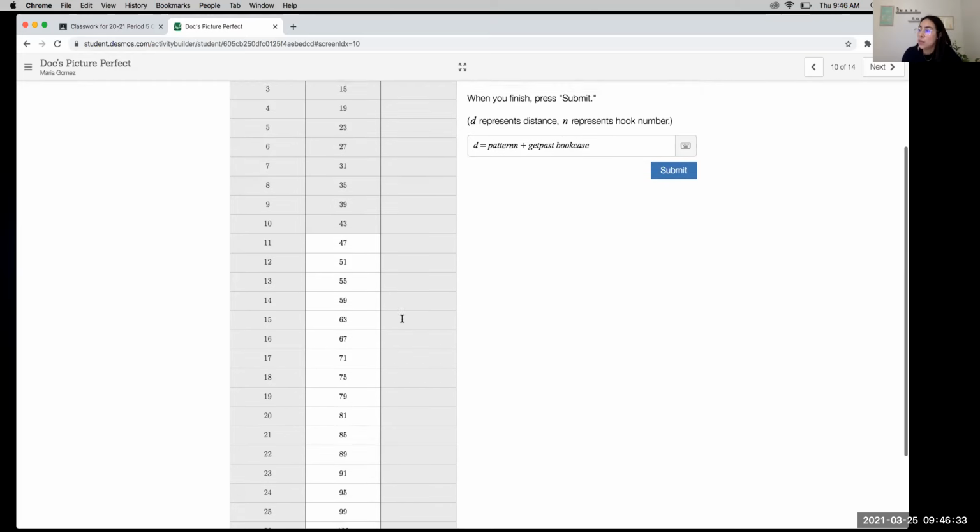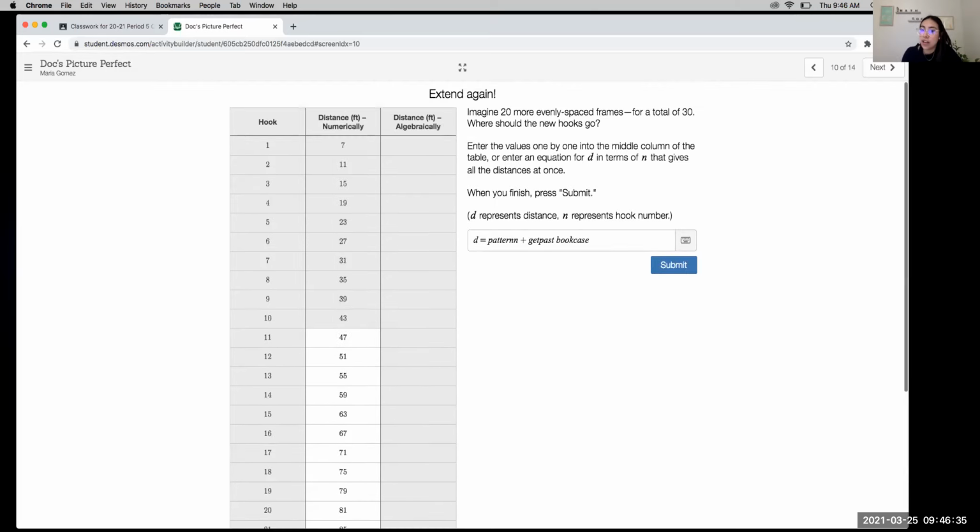Okay. At this point, I see what's going on, and a lot of you already got it here. Yes, you guys are correct. So the pattern is that equal spacing in the front was 4 feet between each one, and you guys did fantastic trying to think about, how do I get it past the bookcase?